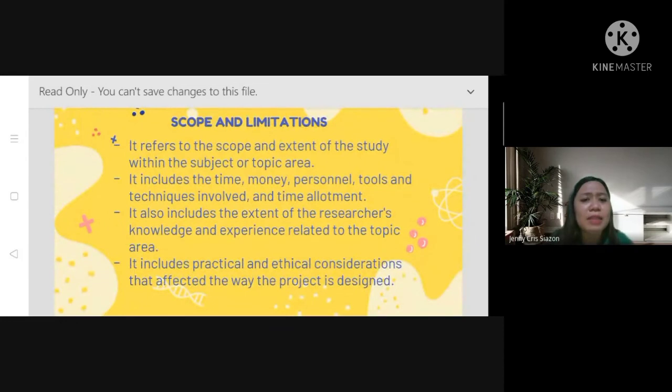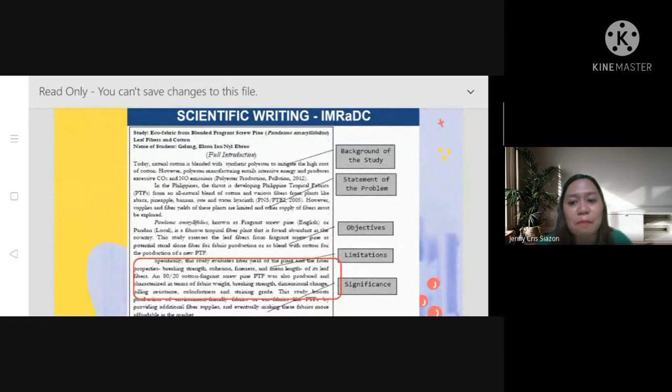Scope and limitation, simple lang, ito po yung sakop ng ating study. You need to include the time, the money, the personnel, the tools, and the techniques involved in the scope and limitation. Okay, so dito po we have this example. Ito no, tingnan natin yung example ng eco-fabric research. Specifically, this study evaluates fiber yield of the plant and the fiber properties, breaking strength, cohesion, fineness, and mean length of its leaf fibers.